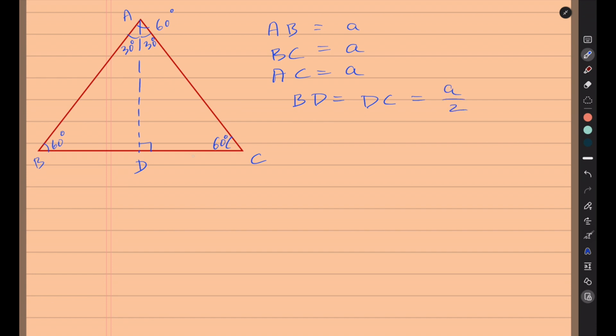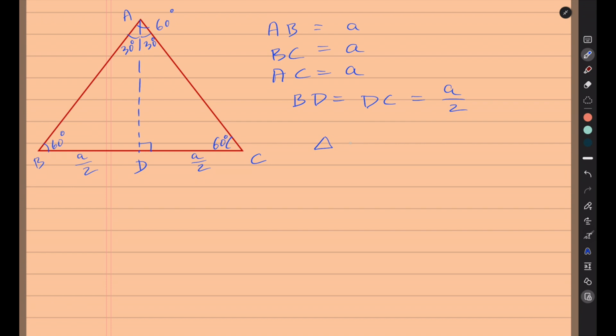So DC will be equal to a by 2, BD will also be equal to a by 2. Okay. So now you concentrate on triangle ADC, this triangle.